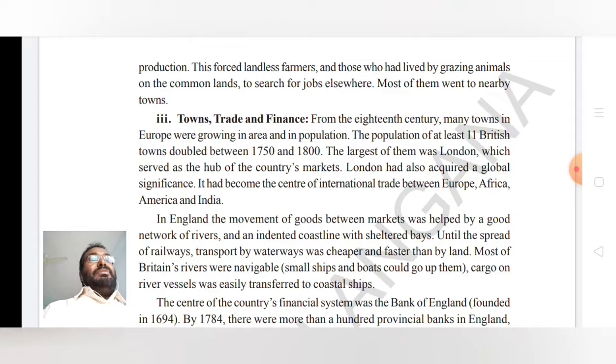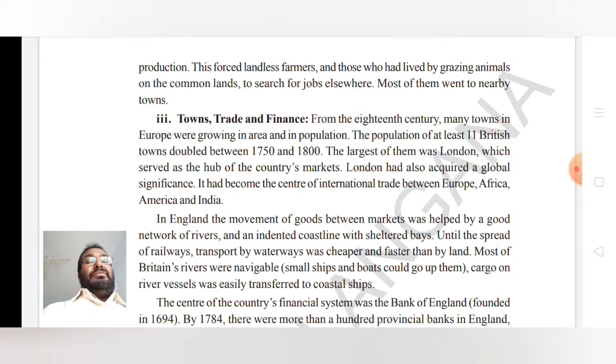The largest of them was London. Then it became a hub of the country's markets. London also acquired a global significance. The international trade between Europe, Africa, America, and India made Britain a developed, rich country.